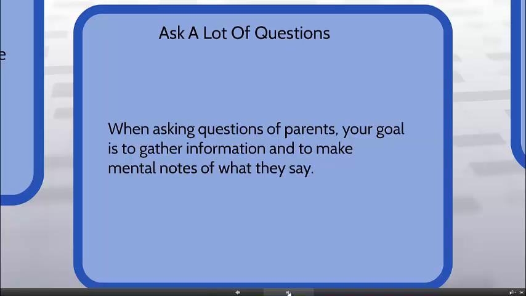They may clam up. They may not give you as much information on a particular question because they see that you're writing everything down. You can have your notebook and your pen and paper out, but make mental notes. There could be key points in their answers that you can remember to write down later.